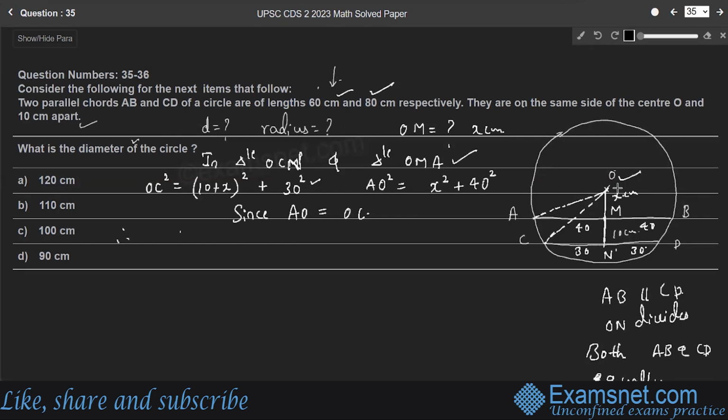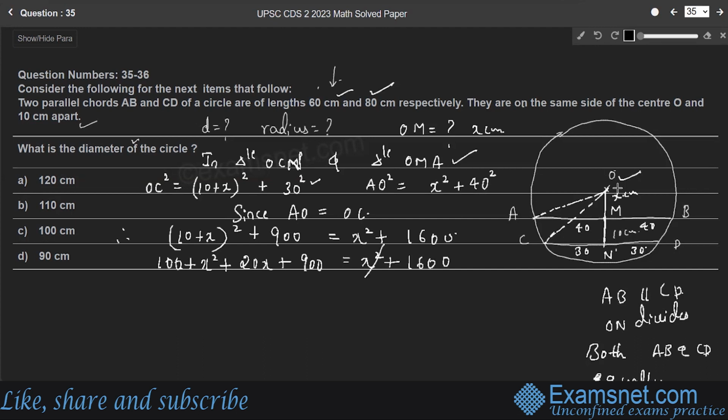So 10 plus x the whole square plus 30 square, which is 900, is equal to x square plus 40 square, which is 1600. Expand this: a plus b the whole square is 10 square, 100, plus x square plus 2ab, which is 20x, plus 900 is equal to x square plus 1600.